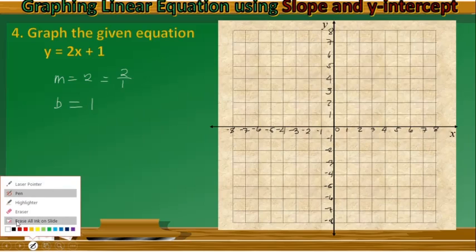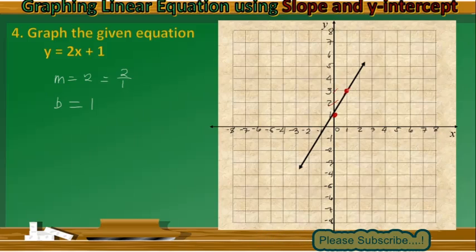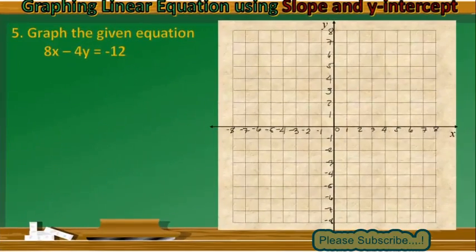We plot that in our Cartesian plane. Our y-intercept, or b, is positive 1. Then our rise is 2, so we count 2 steps, 1, 2. Then the run is 1, and since the slope is positive, 1 step to the right. So this is our second point. To connect that one, that will be our graph of that equation.